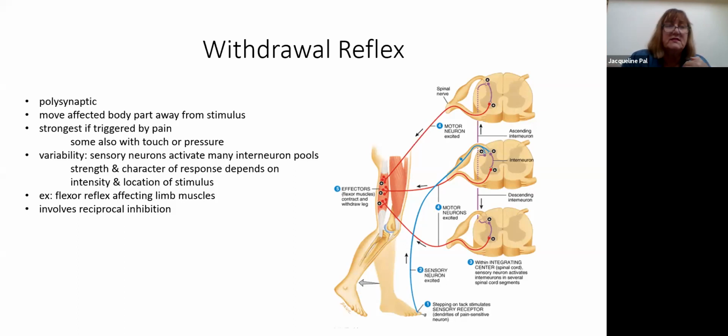And so the flexor reflex is to flex the muscles so that you will no longer be standing on it. So you extended your quadriceps, but now you are flexing your hamstring muscles to withdraw the leg from the source of pain.